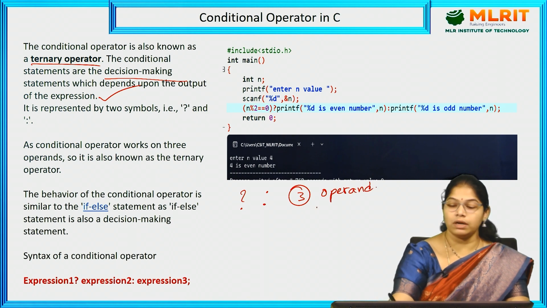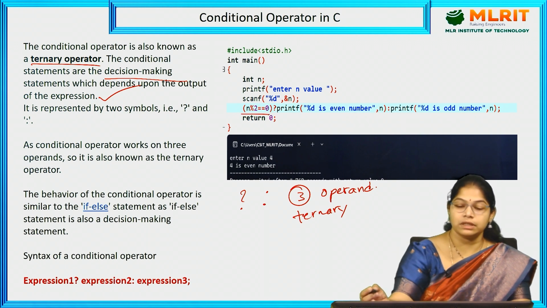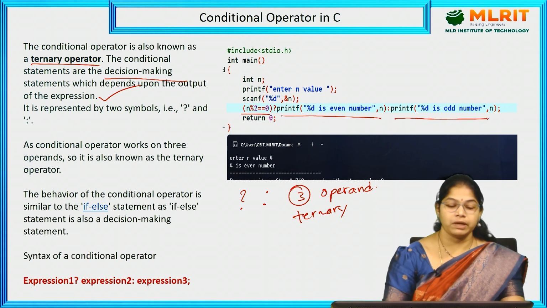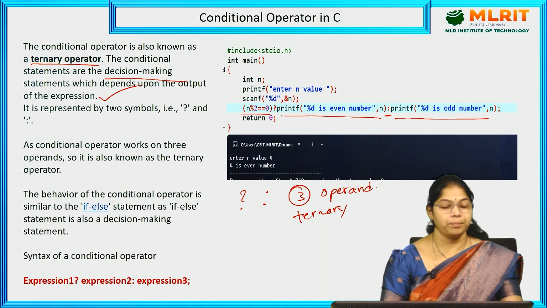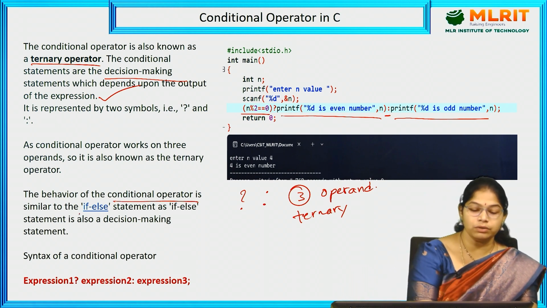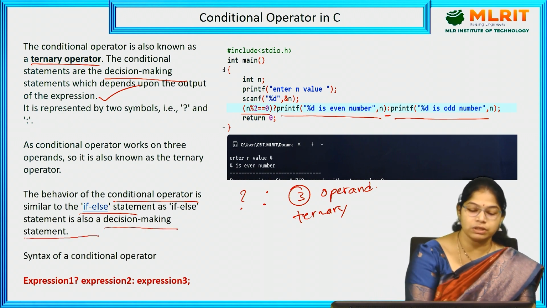That's why it is called a ternary operator. So always this is the first expression, then this is a true part, and here we have a false part. These two are separated by a symbol called colon. The behavior of conditional operator is similar to the if-else statement. If-else statement is also called a decision-making statement.